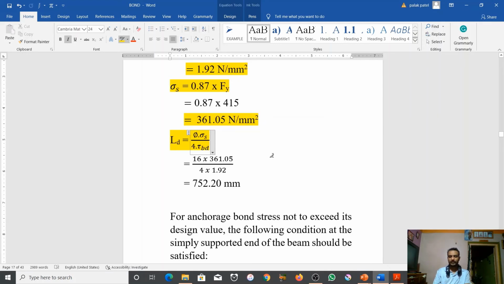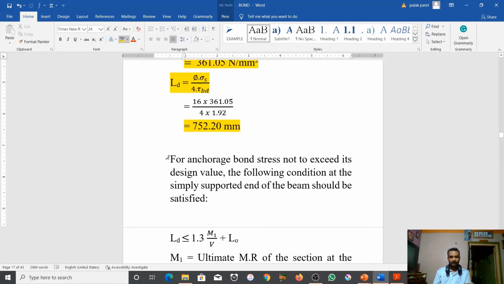Phi is 16 mm diameter, sigma S is 361.05, tau BD is 1.92. So LD is 752.20 mm.